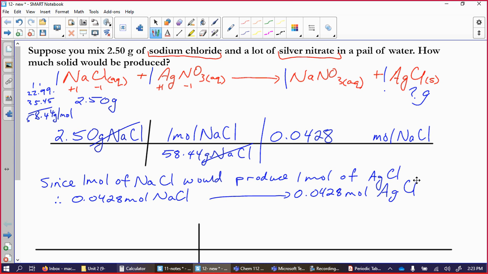And this is the essence of stoichiometry, this step. Because it's all about moles, which is just a scaled up version of dozens or however many in total. And we're using sodium chloride because it says a lot of silver nitrate. That implies we've got more silver nitrate than we're ever going to need. And you'll see the word excess.